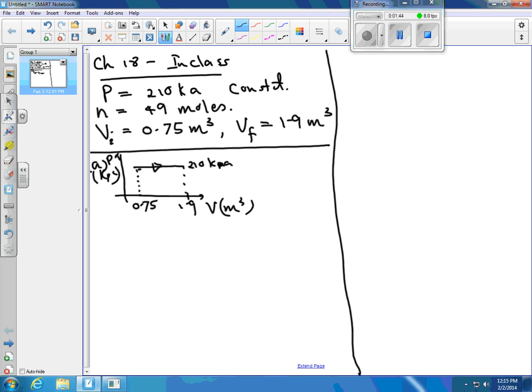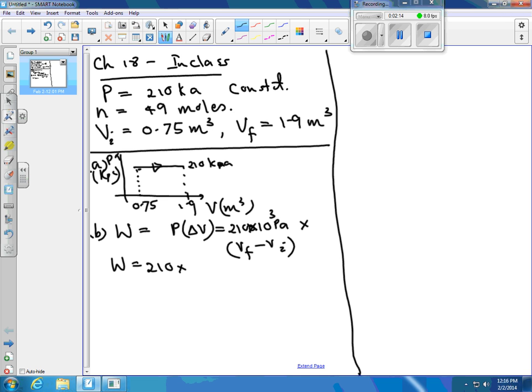And then, how much work was done by the gas during the expansion? When pressure is constant, the work done can be written as P delta V. So 210 times 10 to the 3 Pascal times V final minus V initial, which will give you 210 times 10 to the 3 times 1.9 minus 0.75 meter cube.